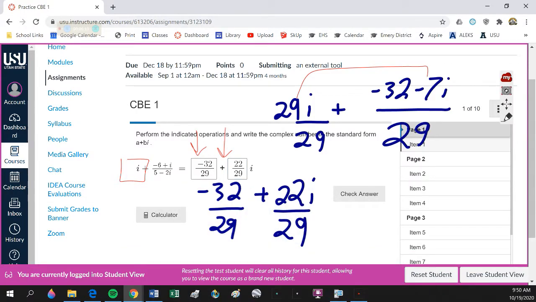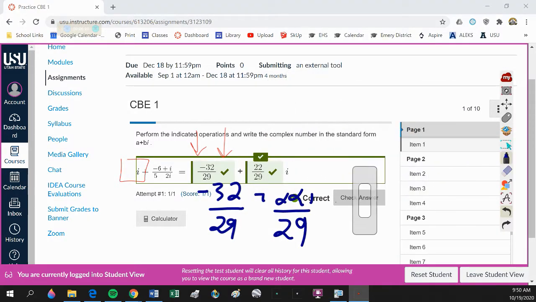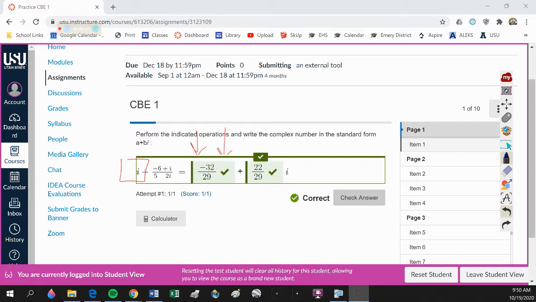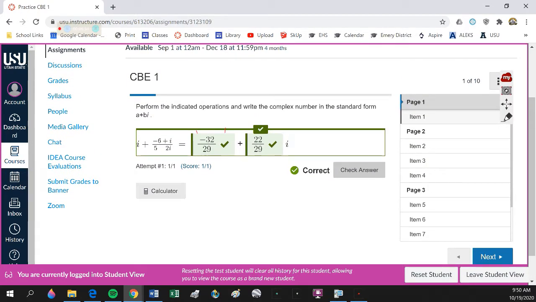Okay, cross your fingers. Hey! I passed. Okay, any questions there? Is there a way to do another problem just to check? I don't know, I guess you could reload the page.